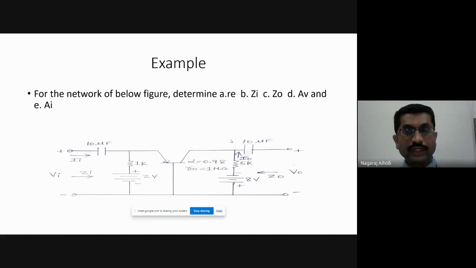Is the circuit noted down here? Yes, circuit is noted down. Rutik, is it noted down? Circuit is noted down.